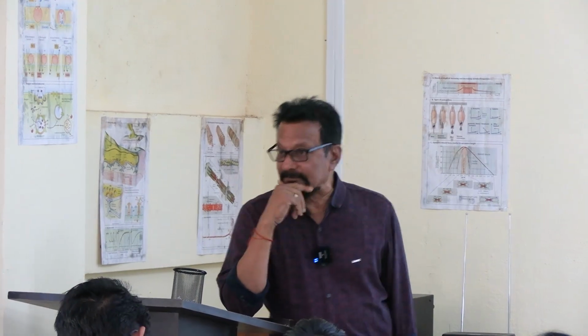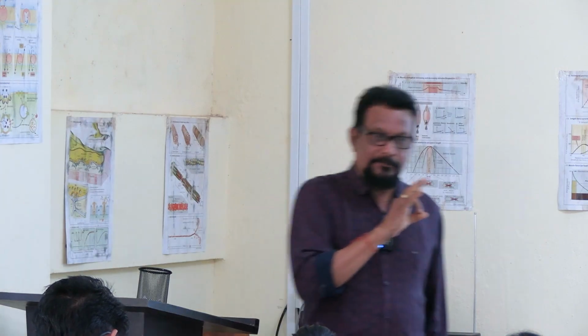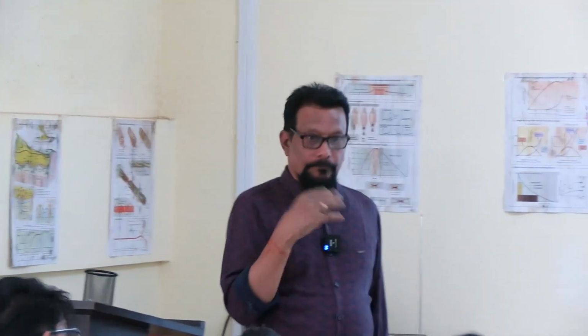So what will you do? You will go for a lipid profile test. If there is high triglyceride level, high cholesterol level, high LDL, low HDL, high VLDL, these are indicators that the blood has a high amount of lipid, that is, dyslipidemia.